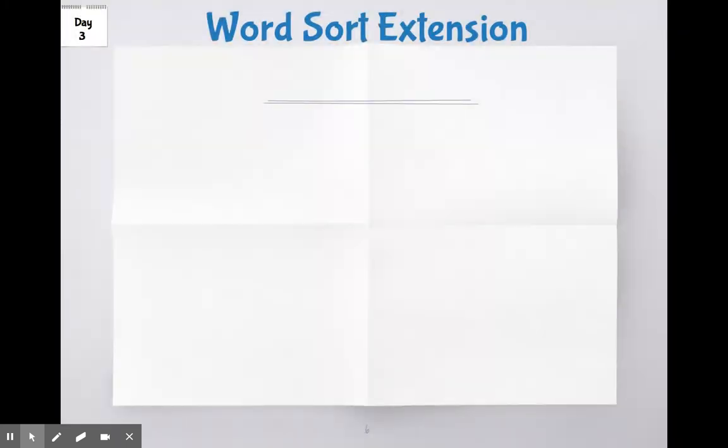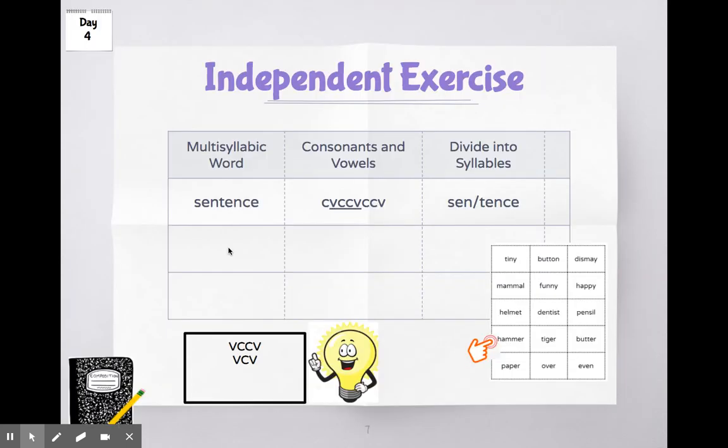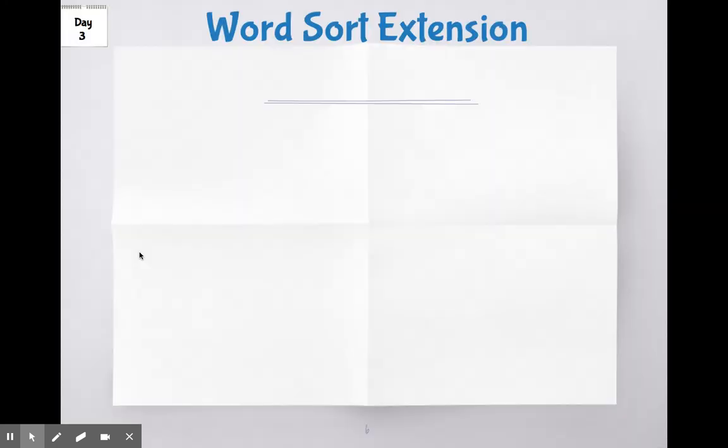Usually all my pictures show. So I would slowly go through the video and pause after each word and decide if they're VCV or if they're VCCV. And then pause the video for tomorrow.